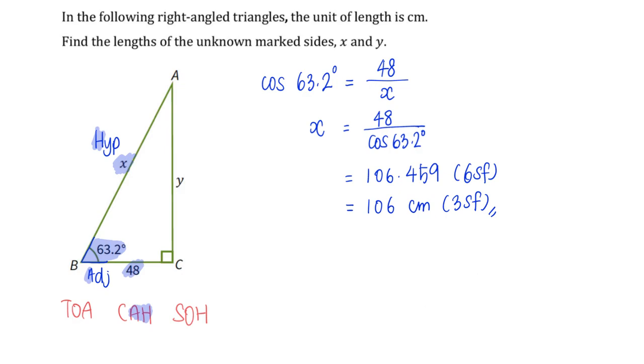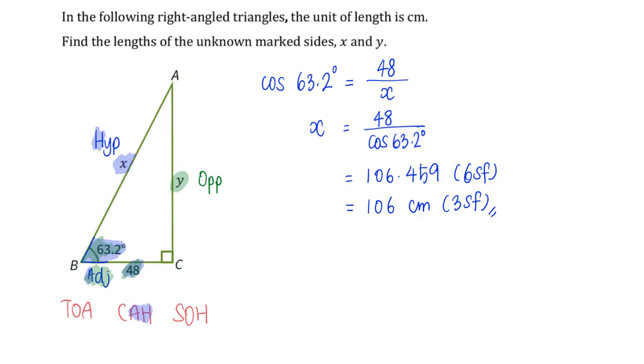For y, I will first need to identify the sides for y with respect to this same angle, 63.2. So this is my opposite side. And I am going to use my adjacent side again, 48, since it is the exact value.